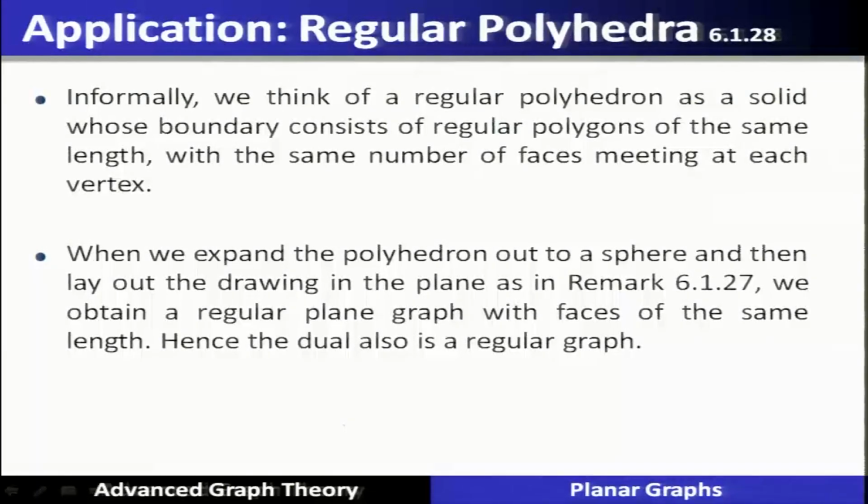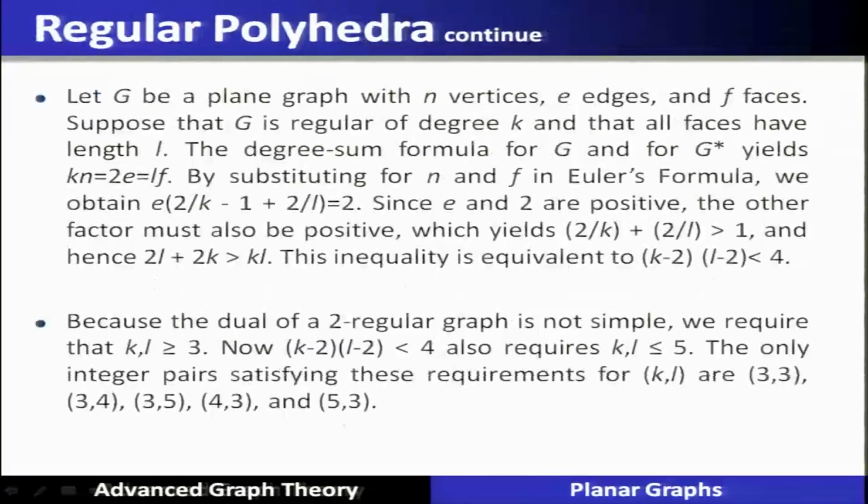When we expand the polyhedron out to a sphere and then lay out the drawing on a plane using the previous remark, we obtain a regular plane graph with faces of the same length, hence the dual is also a regular graph. Now let G be a plane graph with n vertices, E edges and F faces.